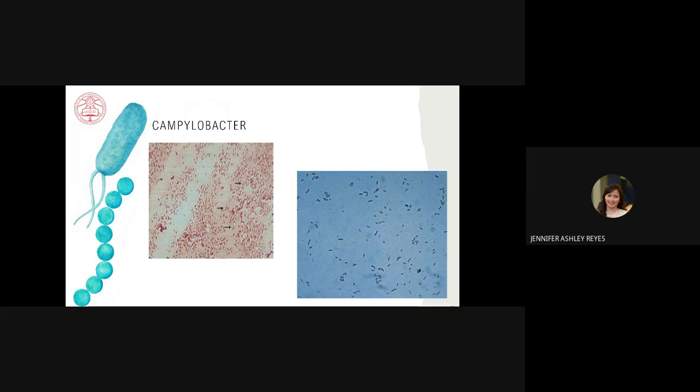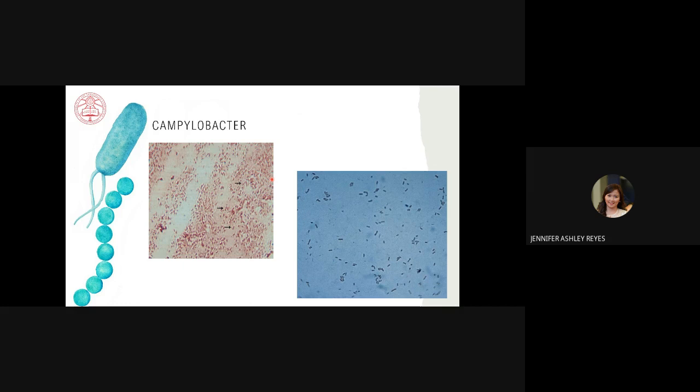So after examining your gram-negative rods, we can say na there is a difficulty in properly visualizing your gram-negative na mga Campylobacter species kasi they can sometimes not react under your common na secondary stain, which is your safranin, during the gram stain procedure.